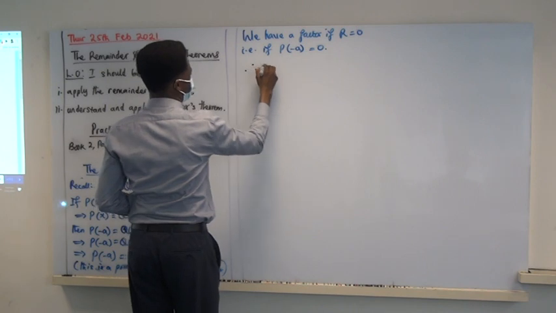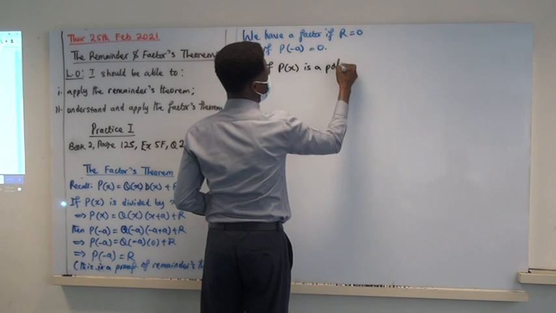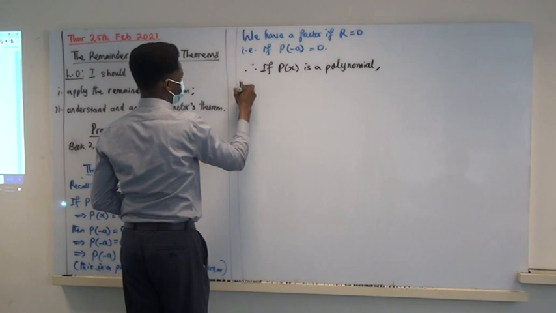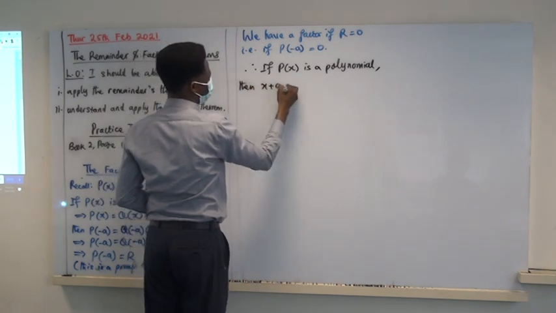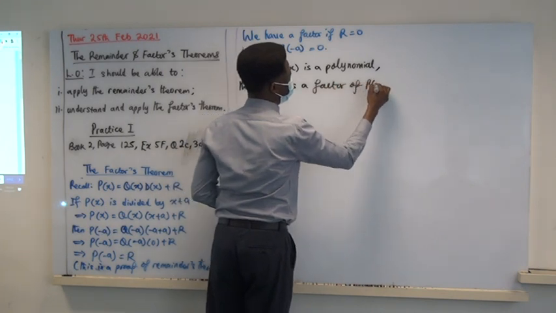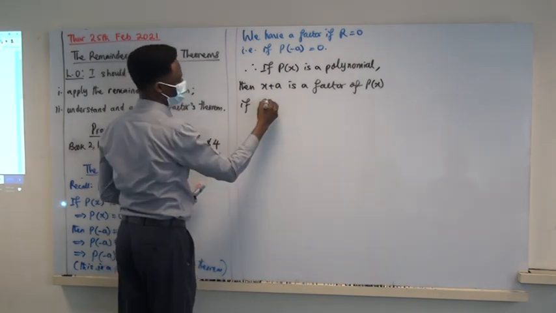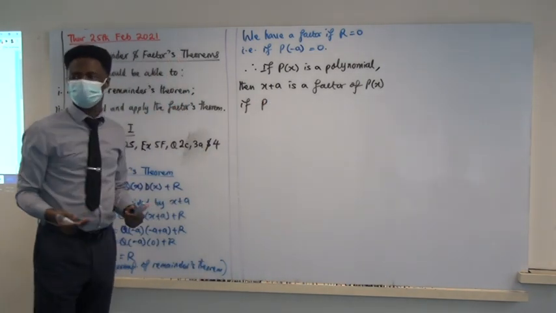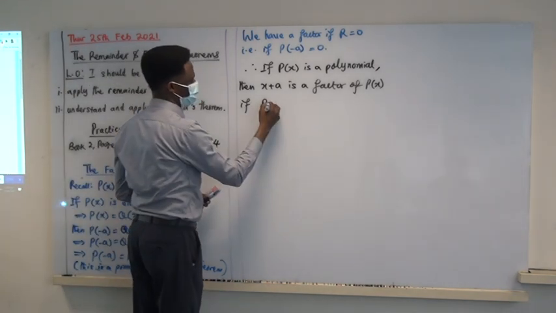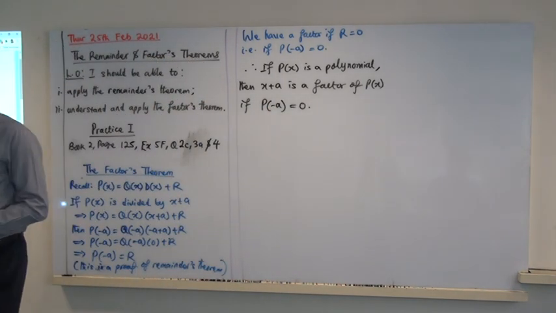Therefore, if p of x is a polynomial, then x plus a is a factor of p of x if what happens? If p what? Come on, we've been talking about it from the beginning. I expect a straightforward answer. If p of negative a is equal to 0.